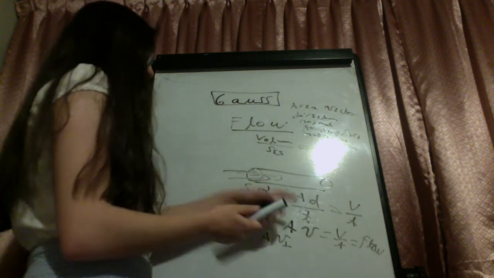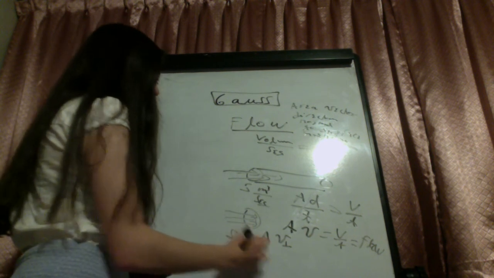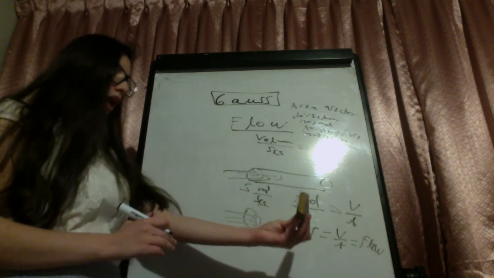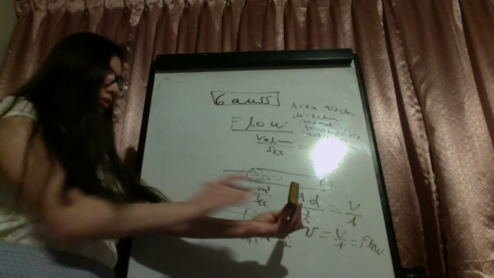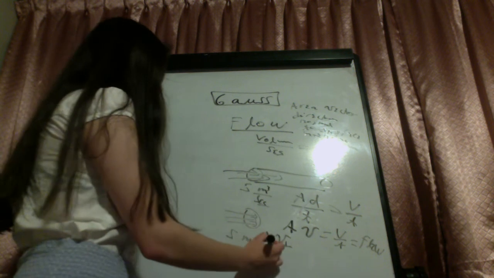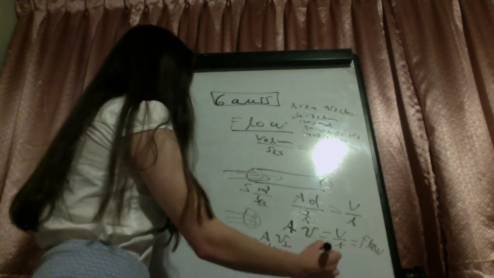For example, here I could say that the cross-sectional area is 5 square meters, and the velocity, in the case of having the area like this and the fluid coming in this direction, let's say is 1 meter per second, so I would have that the flow is 5 cubic meters per second.